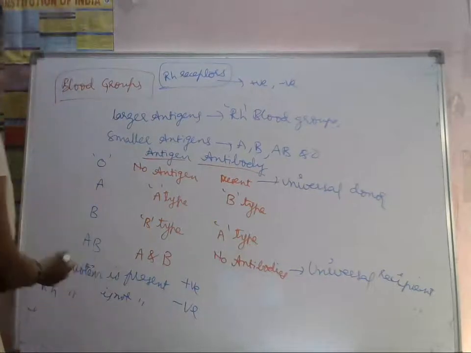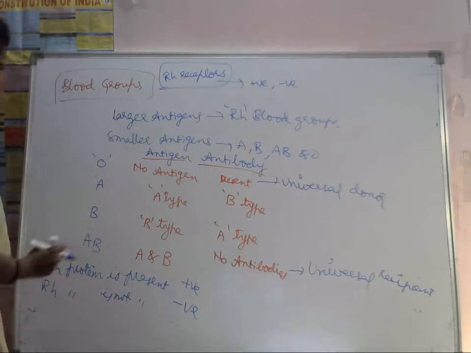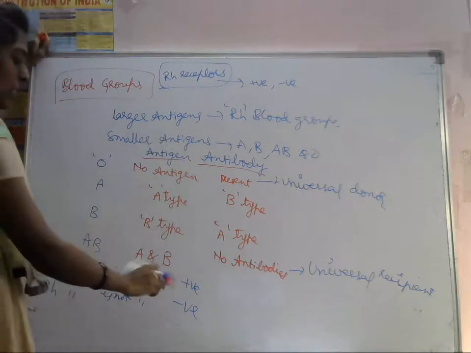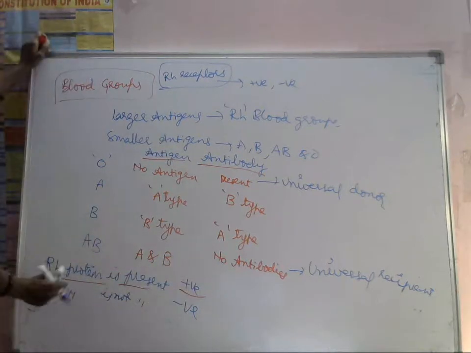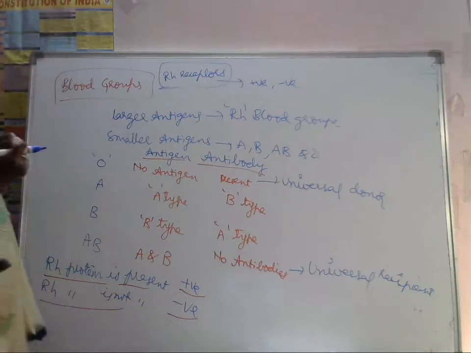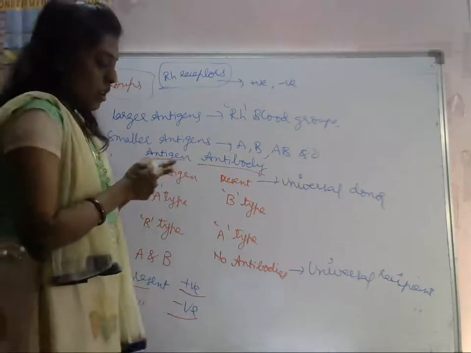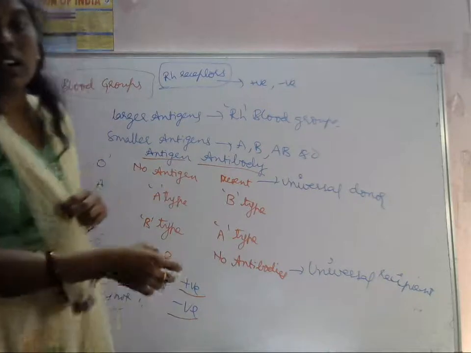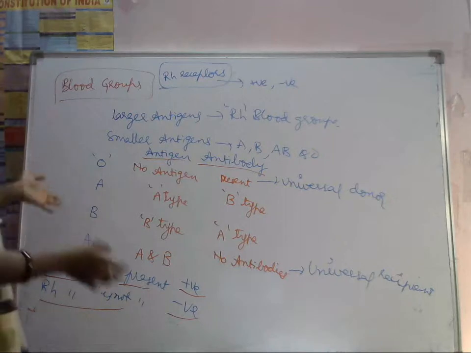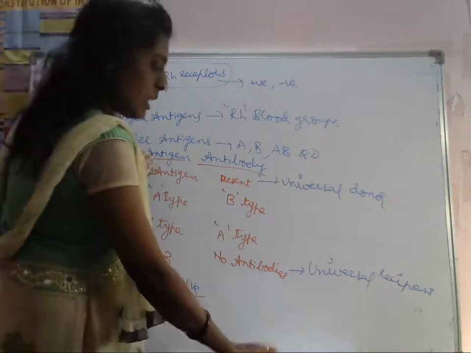Next, whatever the blood group, if Rh protein is present in our blood, then it is called positive. If Rh protein is not present, then it is called negative. Like that, we classify blood groups into 4 types.